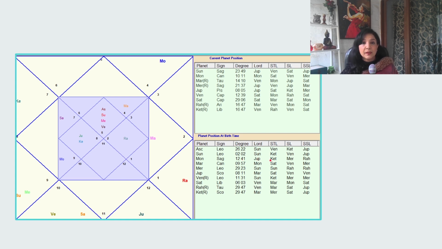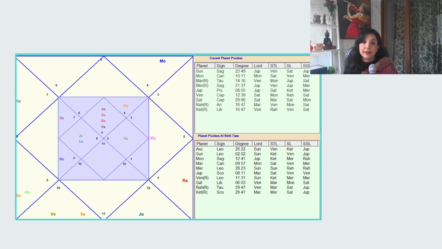So that means this person was born in Ketu Nakshatra, Magha Nakshatra, and Mercury was the sublord, Rahu sublord. So the Dasha sequence began with Ketu Mahadasha, Mercury Antardasha, and Rahu Pratyantardasha. This timeline is decided by the Moon's degree in the horoscope.